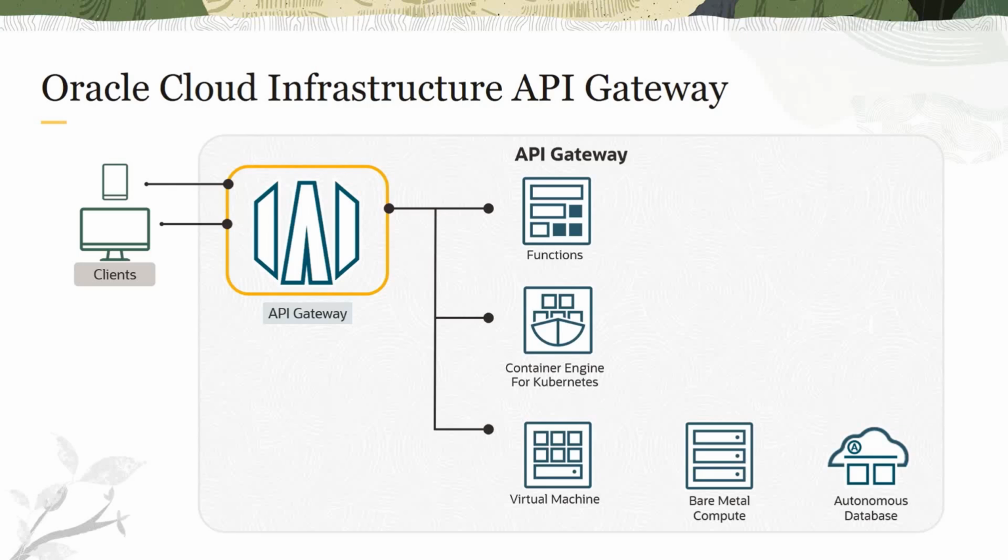A backend is the means by which a gateway routes the request to the backend services that are going to implement the API. You can grant an API gateway access to other cloud infrastructure services as backend. For example, you can grant an API gateway access to Oracle Functions, meaning you can create and deploy an API that is backed by a serverless function.